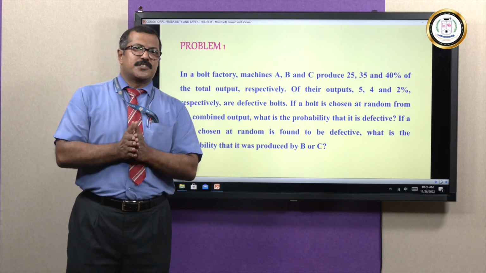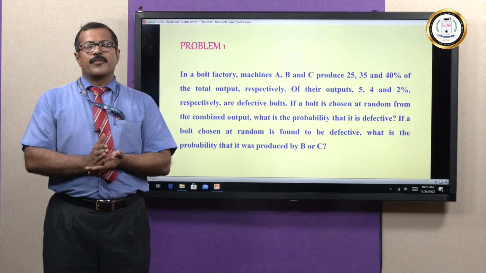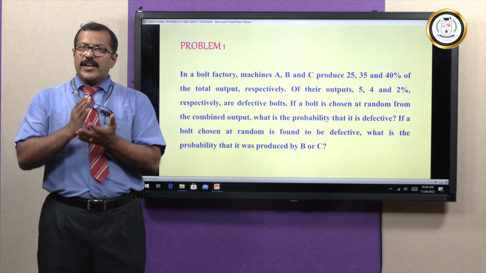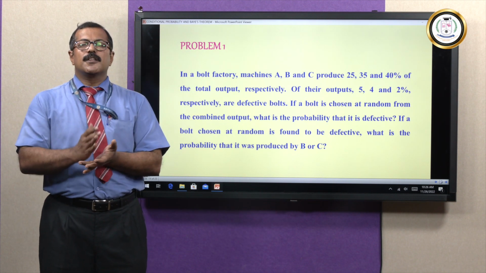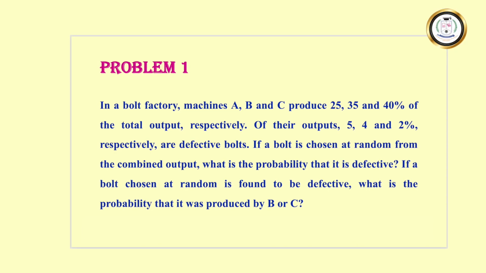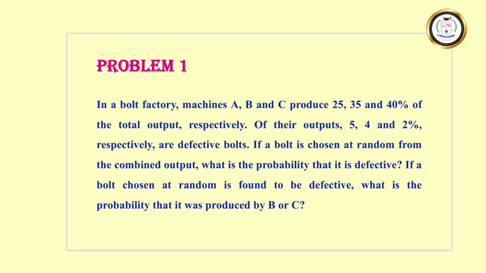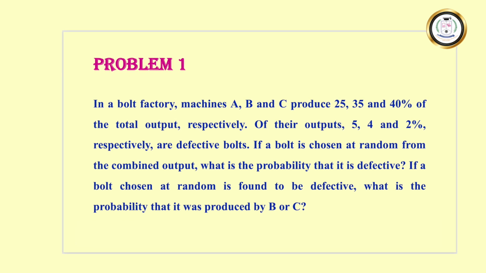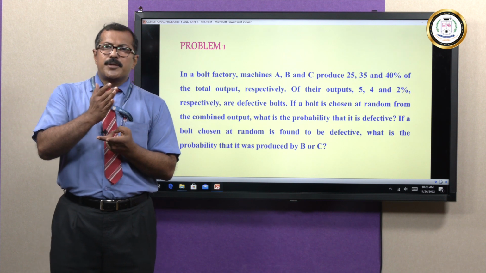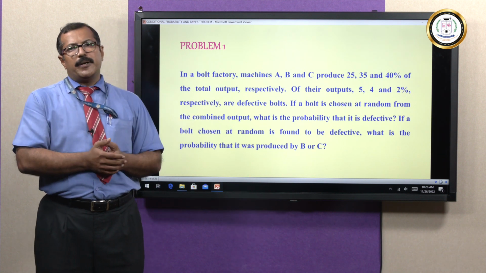There are three machines, machine A, machine B, machine C. They produce 25%, 35%, 40% of the total production, and it is also given that 5% of machine A's output will be defective. Whatever is produced by machine A, 5% of that will be defective. Whatever is produced by machine B, 4% will be defective.